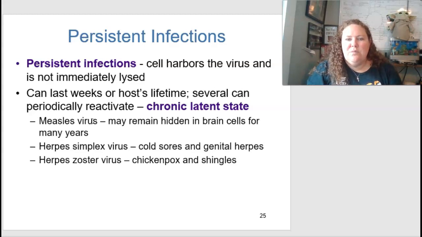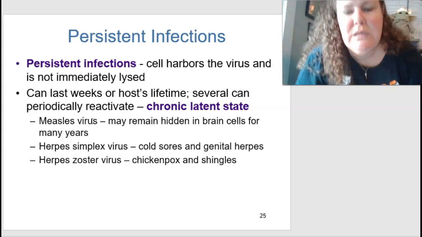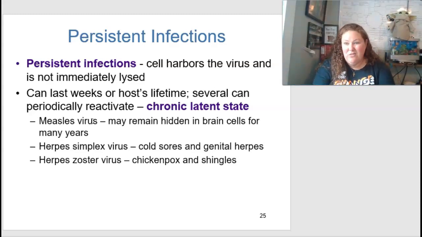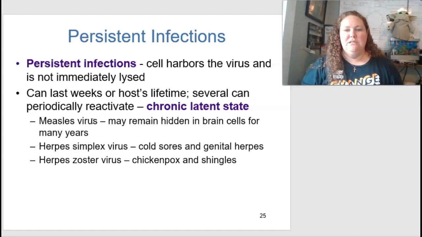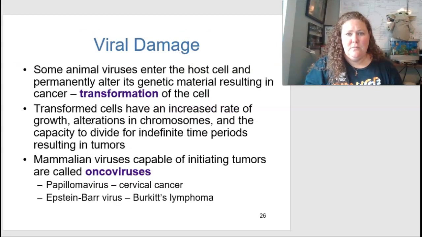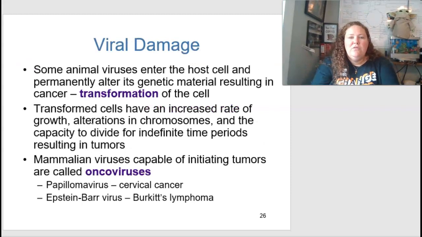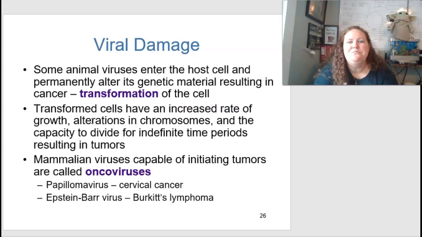One example would be measles, which may remain hidden in brain cells for many, many years. Another one is herpes simplex virus, where you have cold sores on your lips or genital herpes. Or you can have the herpes zoster virus, which is chickenpox and shingles. They can reoccur.